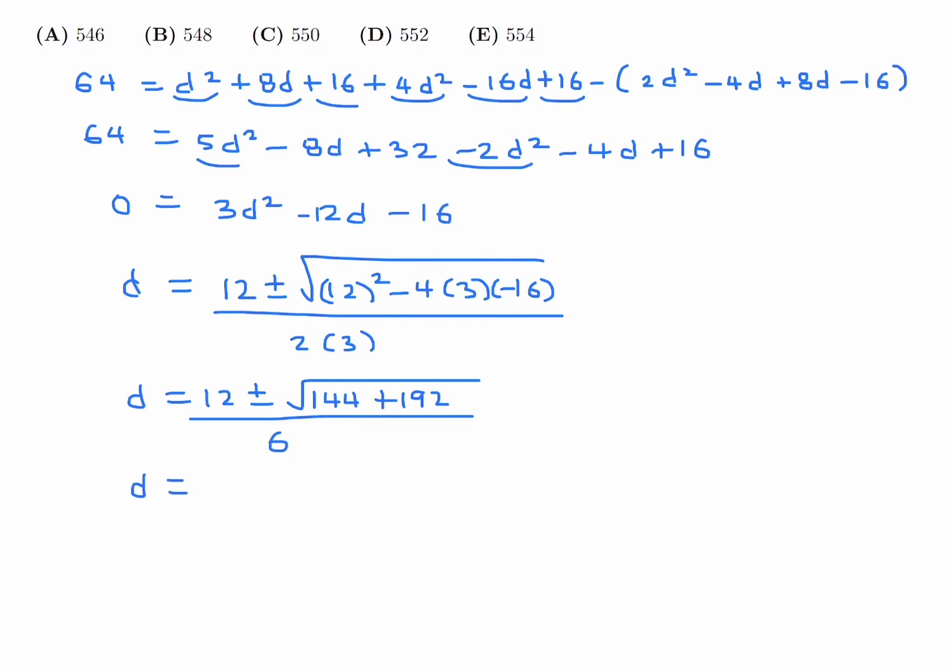And that looks like 144 plus 192 is 336. And 336, I believe that is 4 root 21, all over 6. So there we go. Or you can simplify this a little bit further. First and foremost, we need the positive value because D represents, of course, a distance. And then this can just be 2 root 21 over 3.